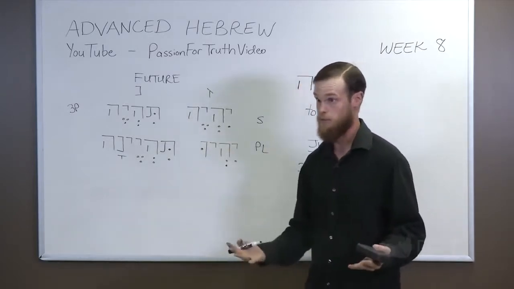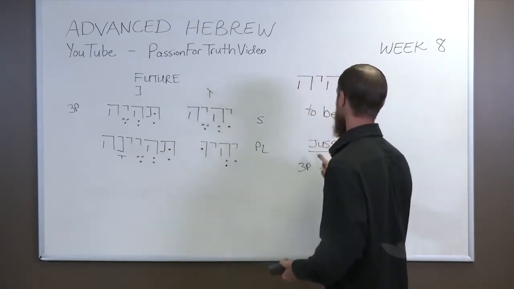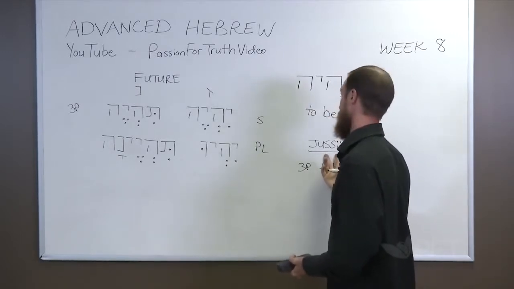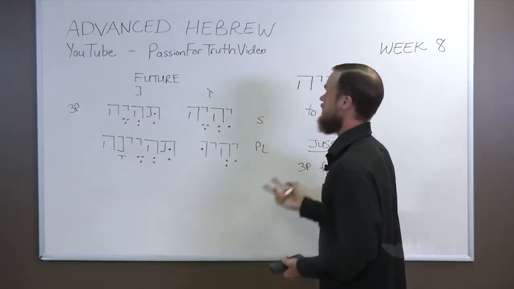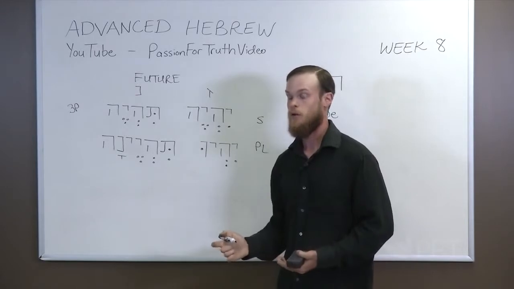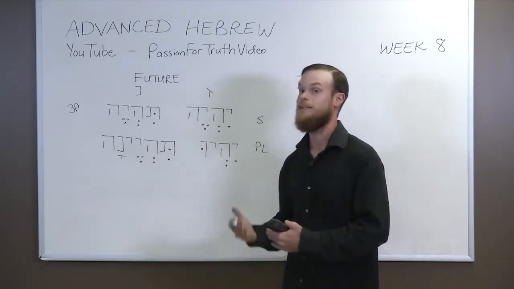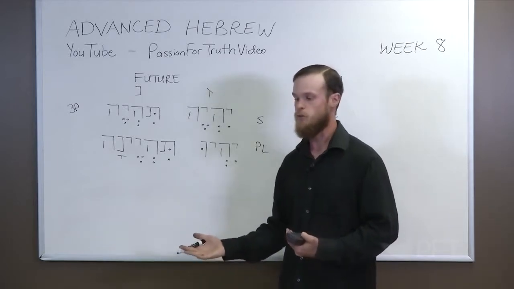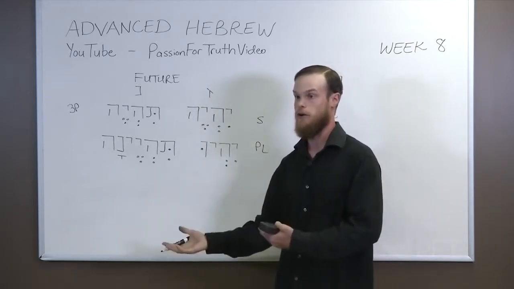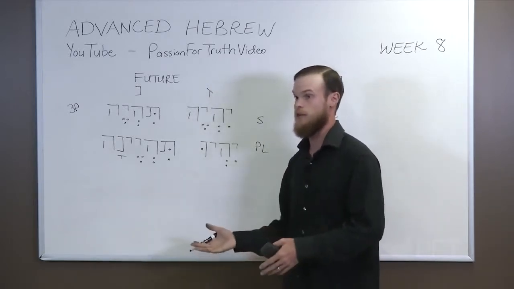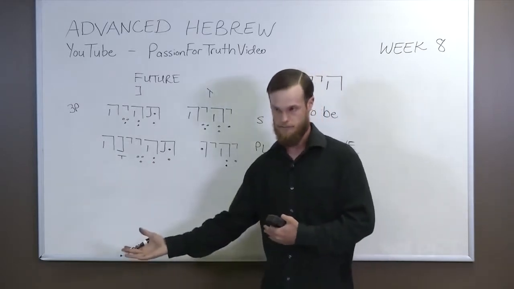This is going to happen. But if we put haya in the jussive, masculine singular, then instead of saying he will be, we're saying let him be. Let it be. In other words, it's a statement of intent or desire. Instead of saying it's going to happen, it's saying I want this to happen.